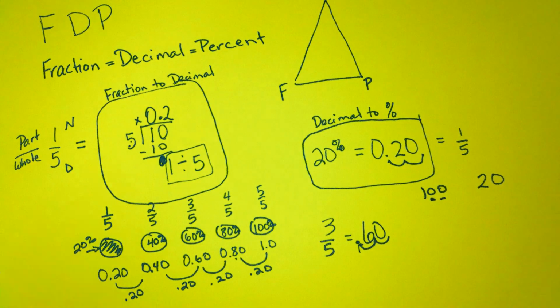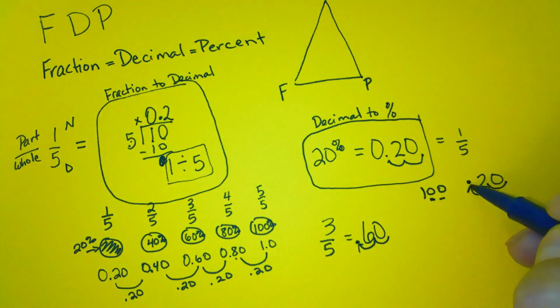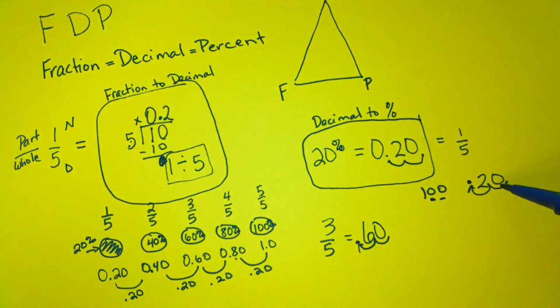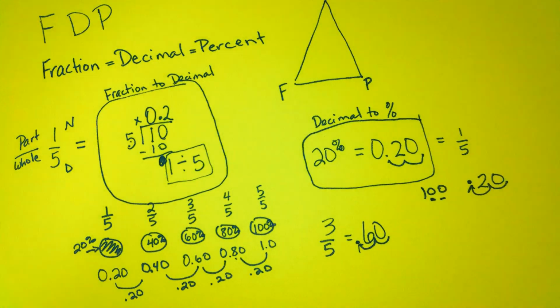So I want that whole number to become a piece, a part of that whole. So I'm going to move my decimal over 1 twice, and now I have 0.20. So I went from 20% to 0.20.